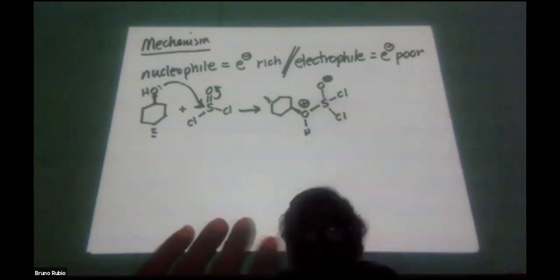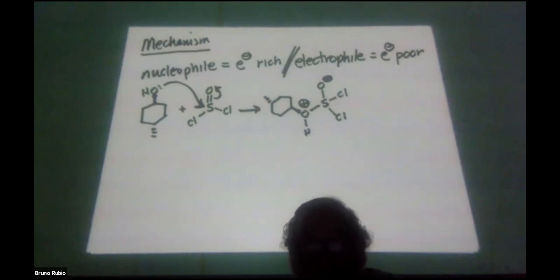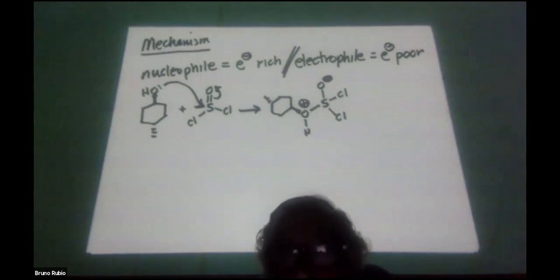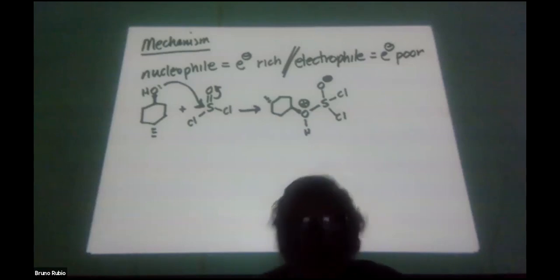So that's why I put that negative charge there on that oxygen atom. Okay, so that's the first step, is that nucleophile, the electron-rich thing, attacked the electrophile, the electron-poor thing. And notice I was able to identify what was and what was not a nucleophile and an electrophile on an atomic basis.